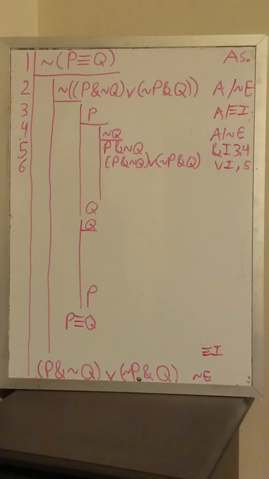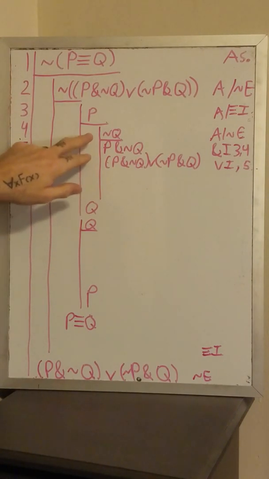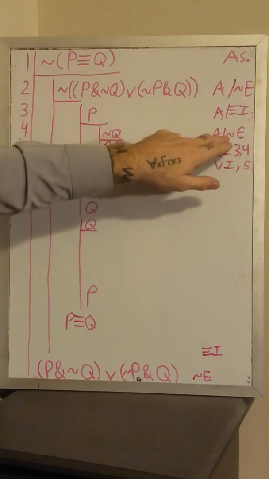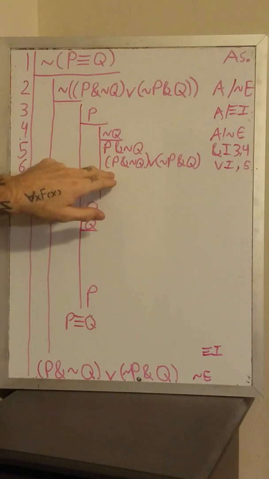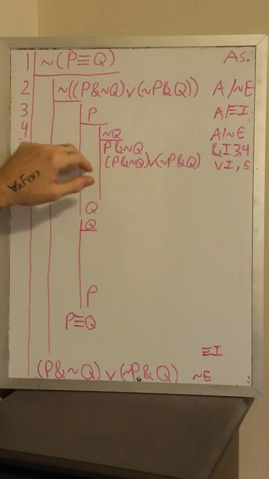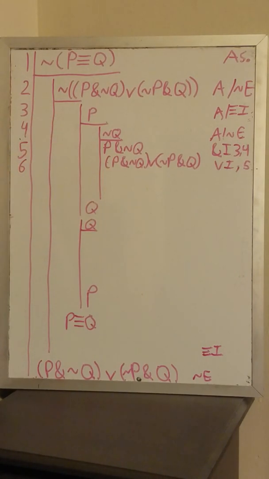Now, on line 6, remember we're trying to get a contradiction so we can use the negation elimination rule. We're going to reiterate line 2 down here and set it next to our line 6, and we can show that we have a contradiction.